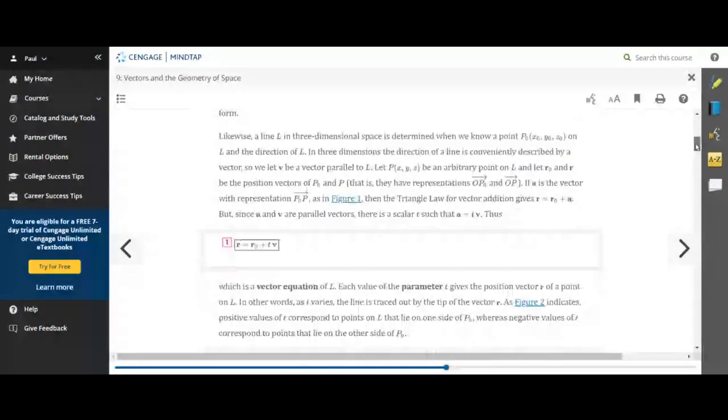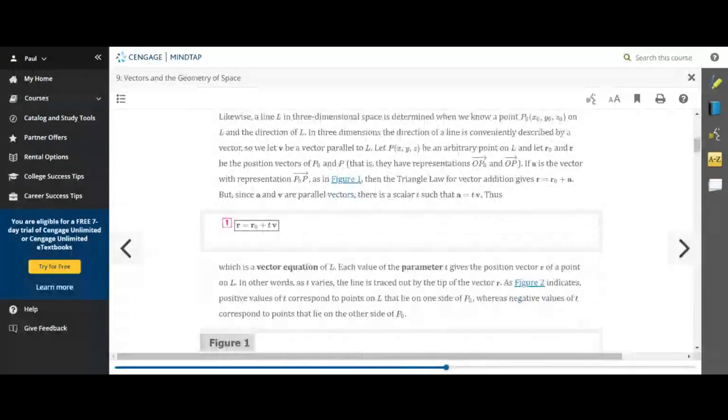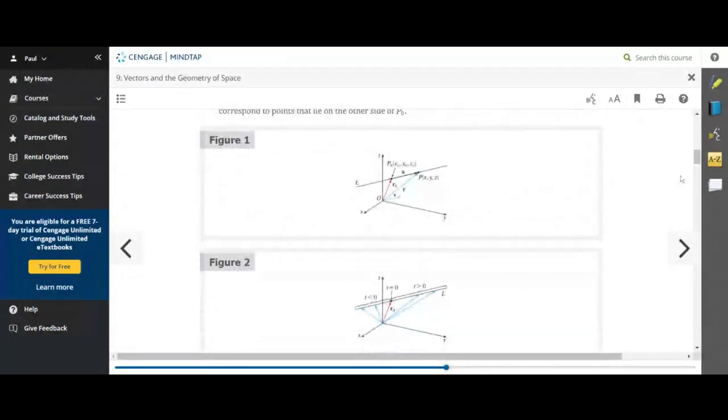Well, if we go down here to figure 1, you see there a line in three-dimensional space, and the line is parallel to that green vector v in the picture, and it passes through the point P sub 0.